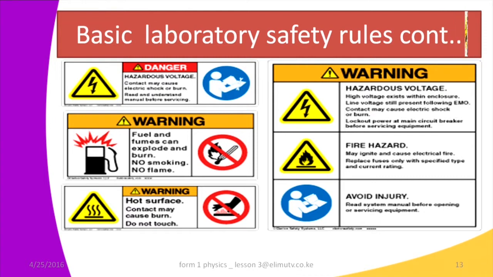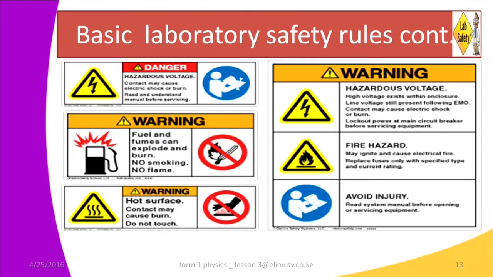Then we have this other one that shows how you can avoid injury, among other signs that are there, including the ones that we have on the road. Those are some of the signs that help us guide ourselves whenever we are in the lab, so that we conduct our experiments without causing accidents to ourselves and the other laboratory users.